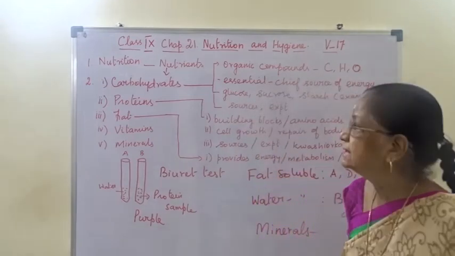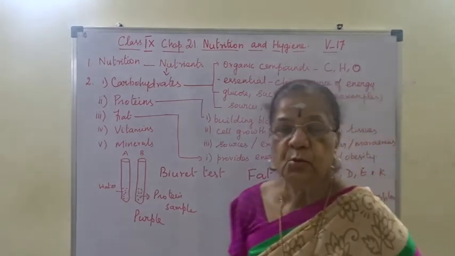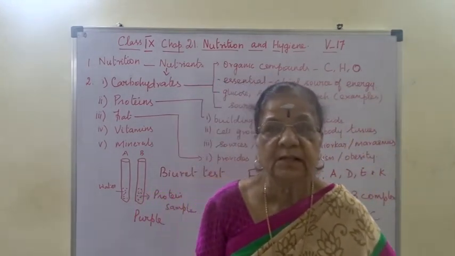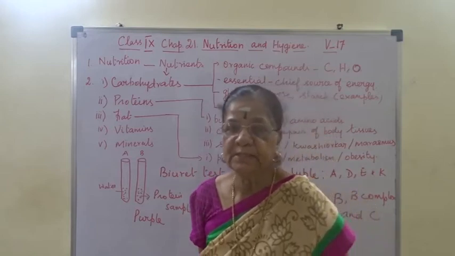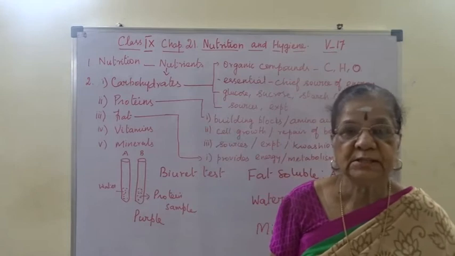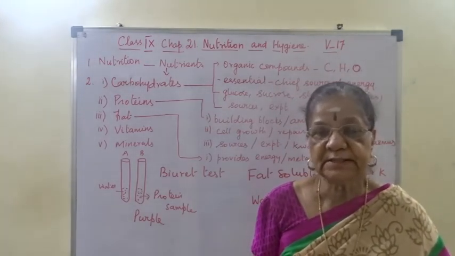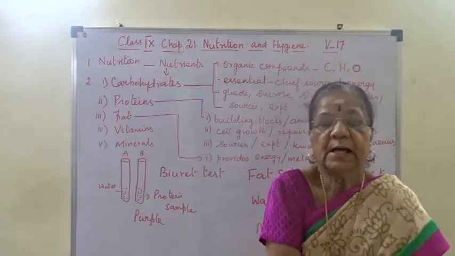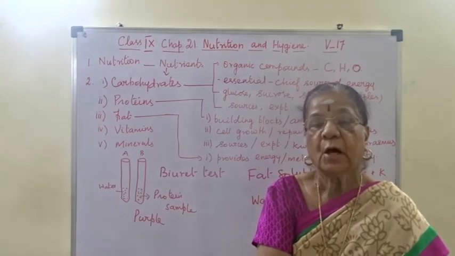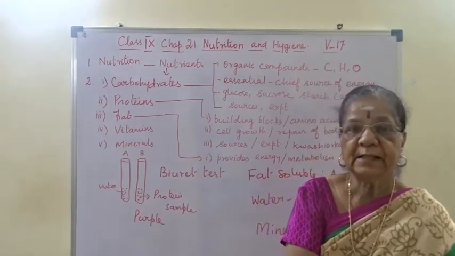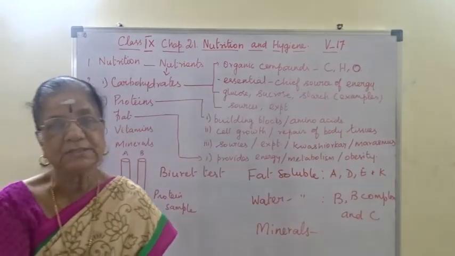Now this heading, nutrition and hygiene. What is nutrition? The process of taking food by the organisms. Organisms are plants and animals. Plants are autotrophs, where they can prepare their own food by the process of photosynthesis.